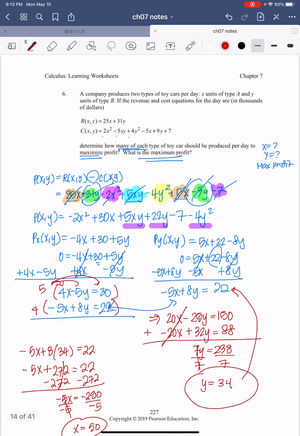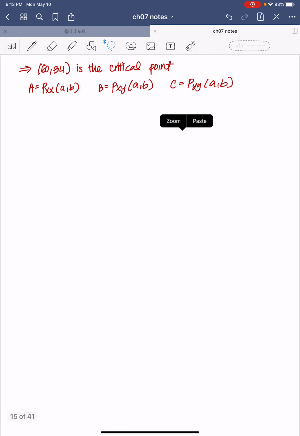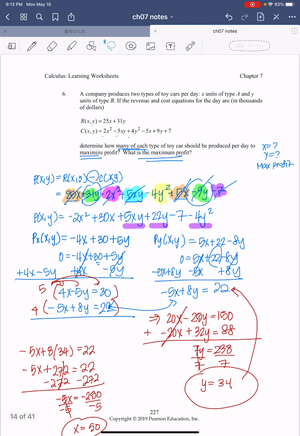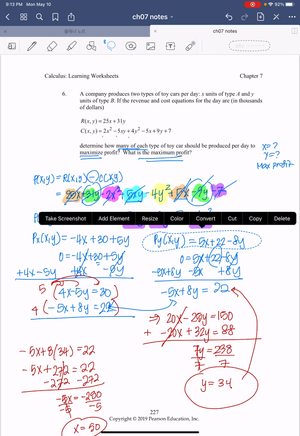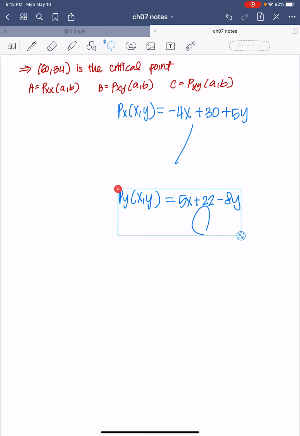Now let me bring up my first order functions. So this one was our first order function, and this one here is my second one. Let me do a little bit of rearrangement.